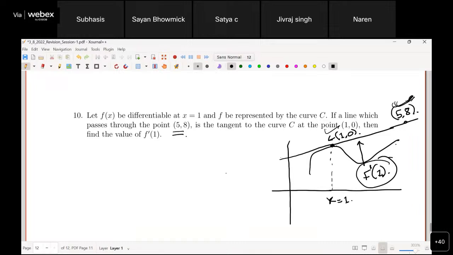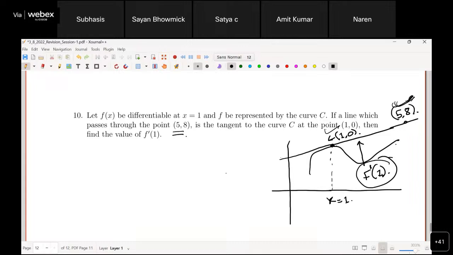But it's not asking you to find the equation of the tangent line. It's asking you the slope of the tangent line. Sir, here f dash of 1 is the slope of that line. That is what I said, right? Okay, sir.